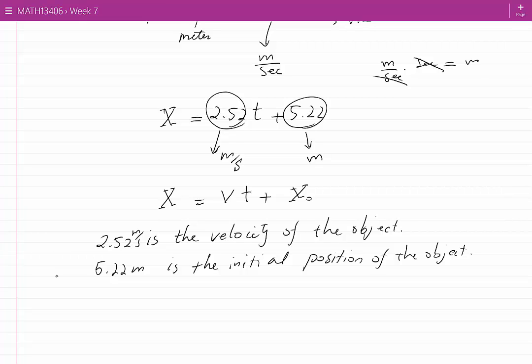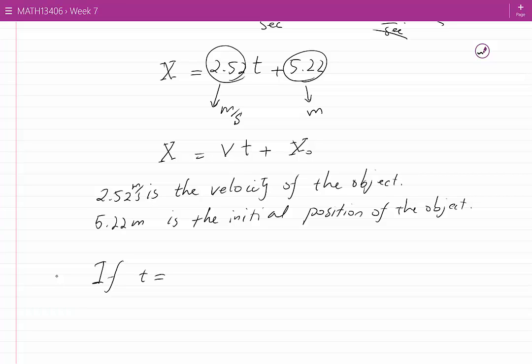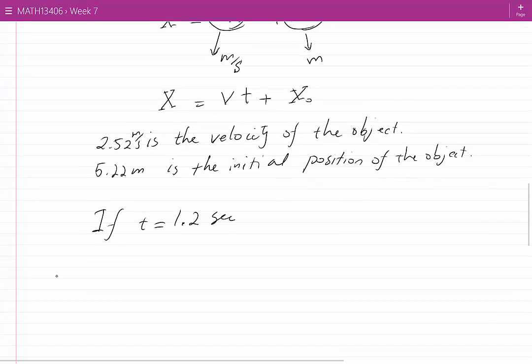And the final part of the question, part C, if t is equal to 1.2 seconds, we can use our equation to find the position of the object. Of course, it's an approximation because the line approximates the data points.